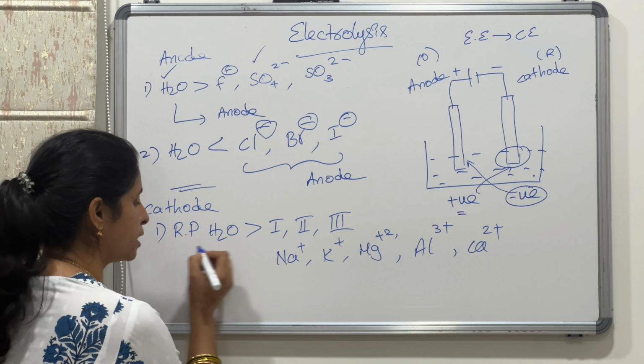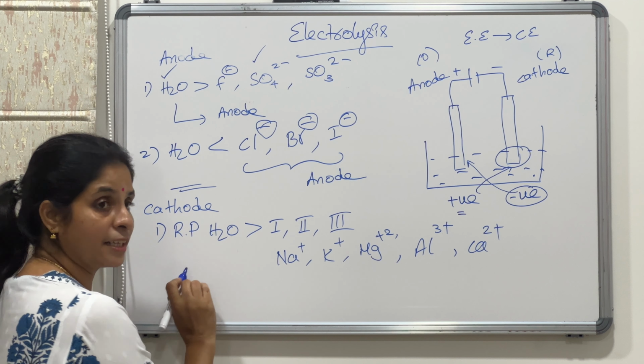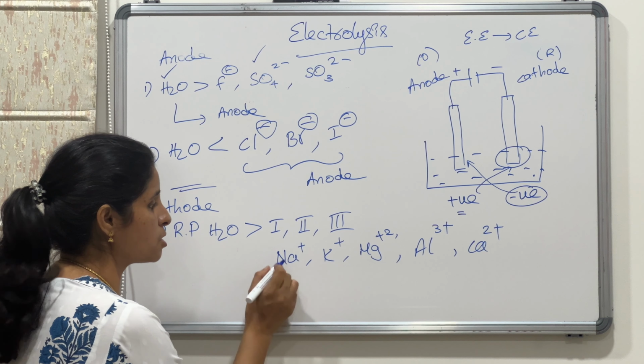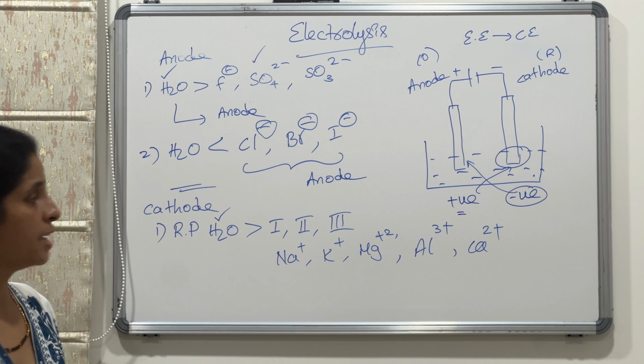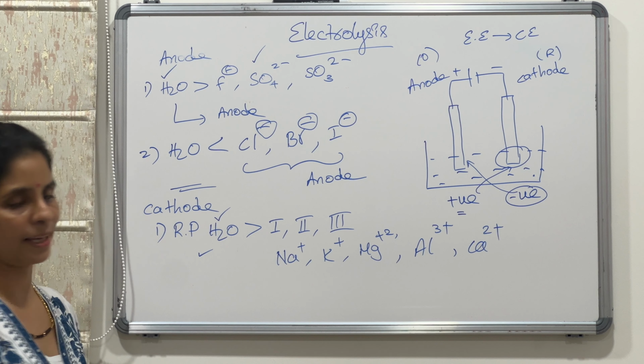Here also the reduction potential of water is greater when compared to the cations of these groups, so water will win the race and go and deposit at the cathode.